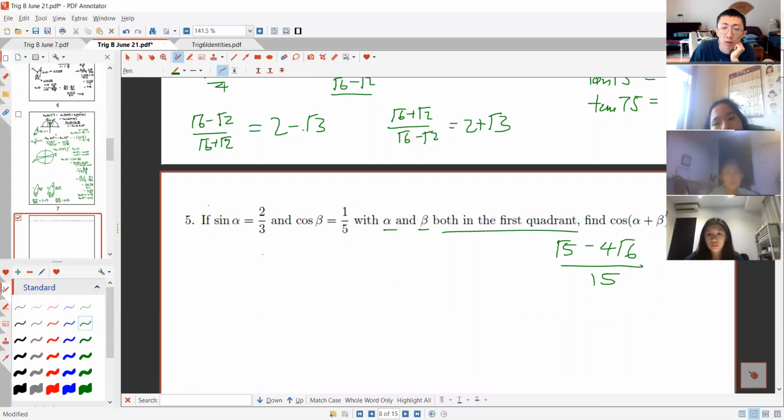If it wasn't in the first quadrant, you wouldn't be able to use the Pythagorean theorem. So it'd probably be different.